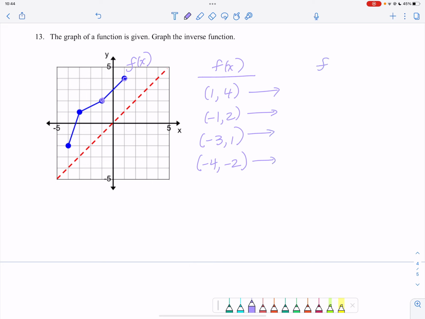F inverse interchanges the x and y values.